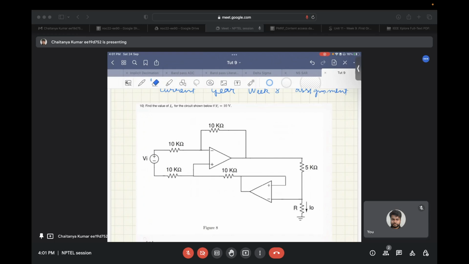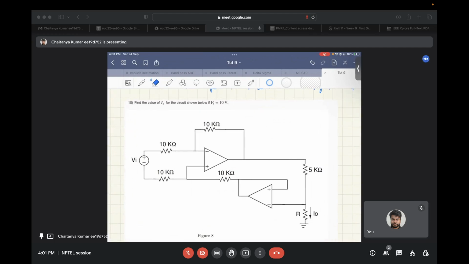problem solving session. So the first question that we have over here is a circuit with two op amps in negative feedback, and we are asked to calculate the current I naught for a given input voltage Vi equal to 10 volts.